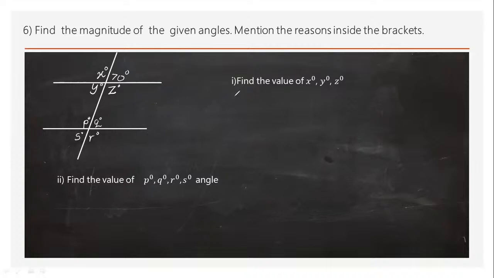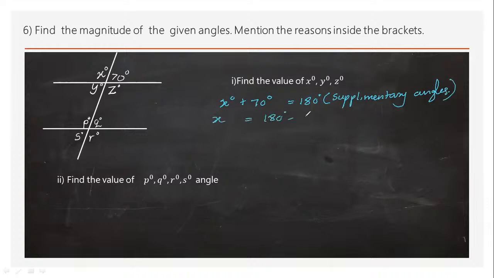Now look here. x plus 70 equals 180, the reason is supplementary angles. x plus 70 equals 180, supplementary angles. x equals 180 minus 70. Angle x equals 110.